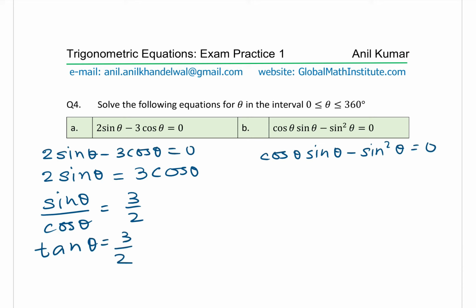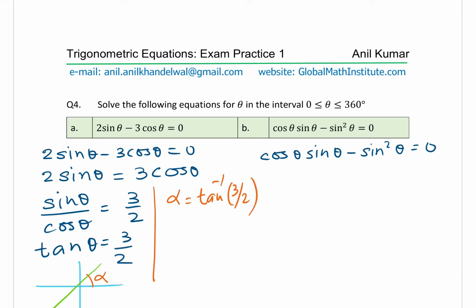Within the given domain, 360 degrees, we know tan is positive in two quadrants, first and the third. So we have to find the related acute angle alpha, and the other will be 180 plus alpha. So let's find what alpha equals. Alpha will be equal to tan inverse of 3 by 2.